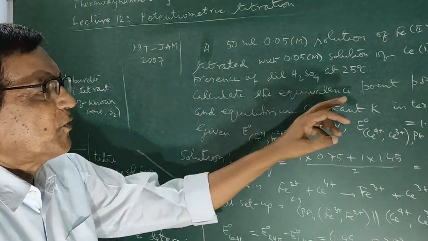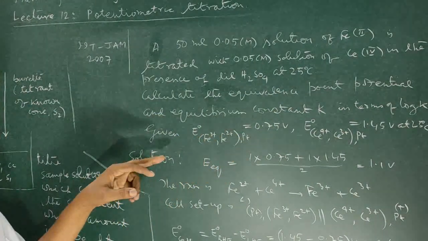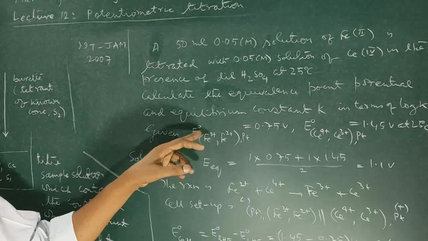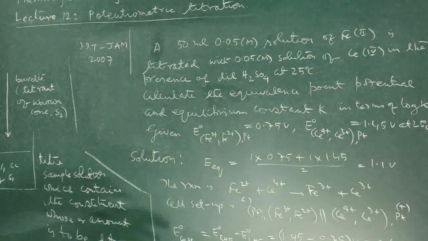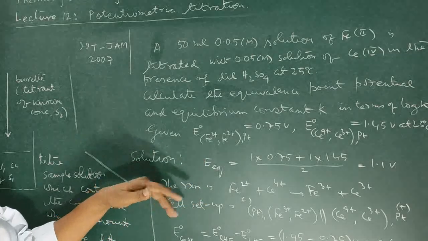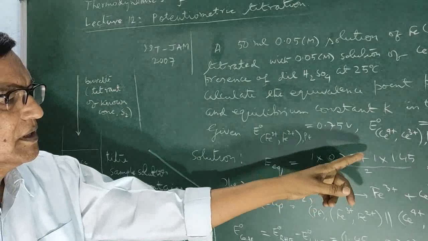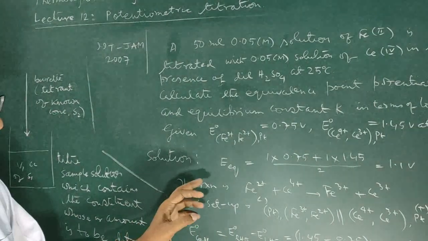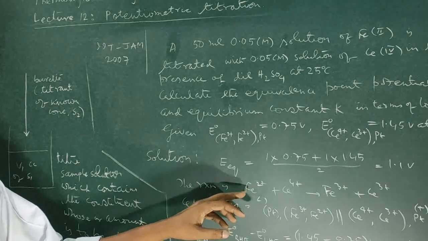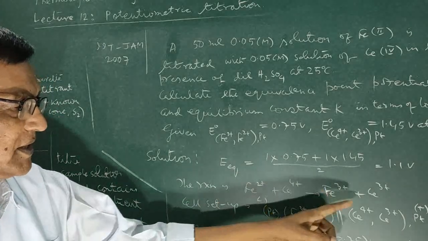Calculate the equivalence point potential and the equilibrium constant in terms of log K, given the standard values of these two systems. The potential at the equivalence point will be the sum divided by 2, equal to 1.1 volt. The reaction is ferrous converted into ferric; ferrous is oxidized, ceric is reduced.